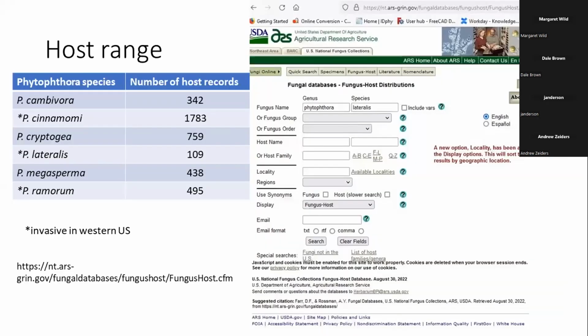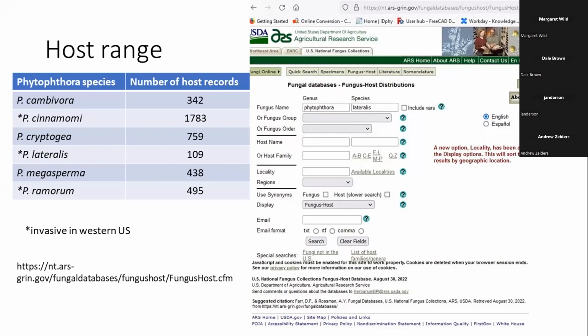And so here is an example of the host range of some of these organisms. The ones with a star are invasive in the Western US. So you see Phytophthora lateralis that causes Port Orford cedar root disease only has 109 records in the database, and it has only maybe 3 hosts.